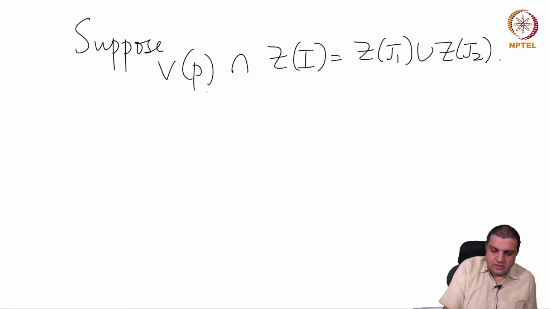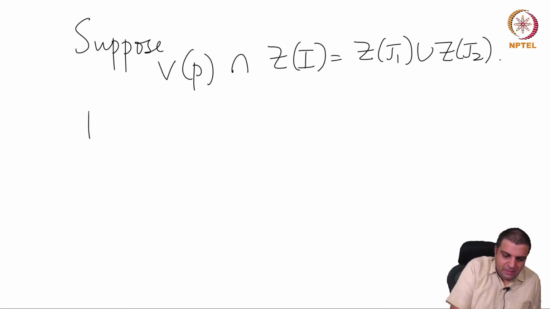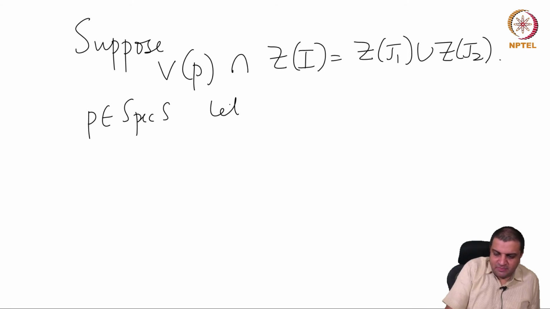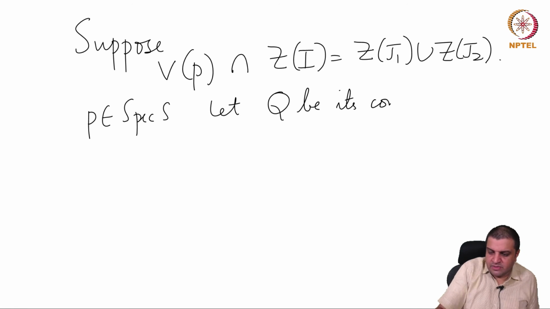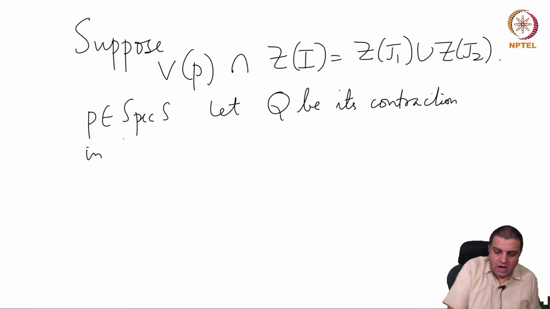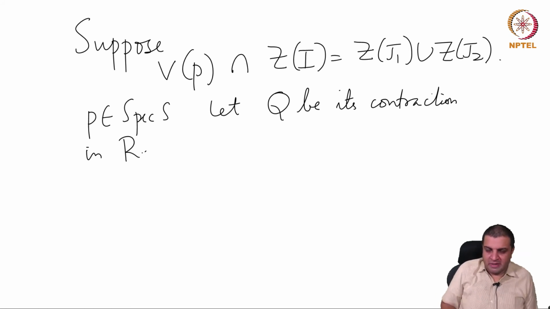V of P is some subset of this. It intersects Z of I, which is the maximum spectrum of S. We can just take Z of P itself, or technically P is in spec S. Let Q be its contraction in R. That's also a prime ideal.